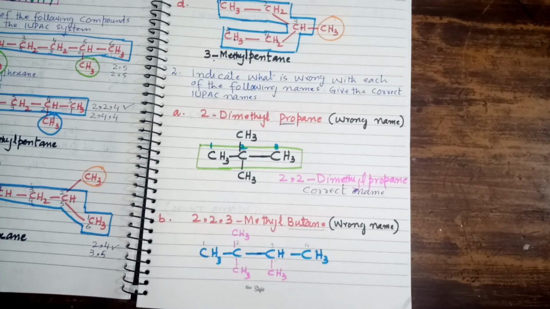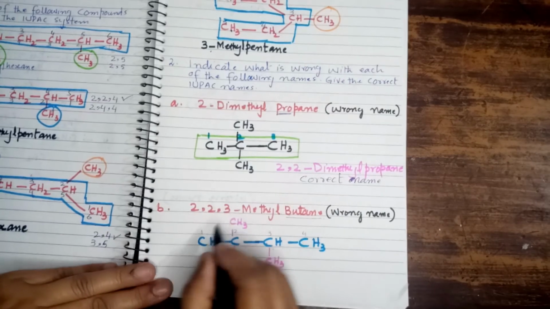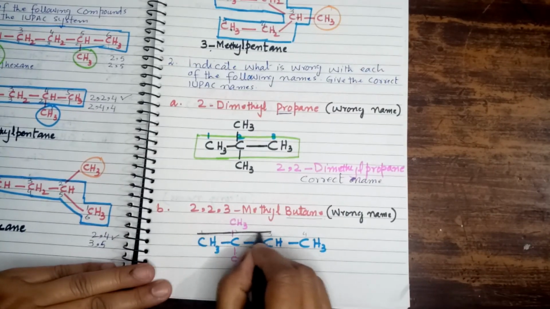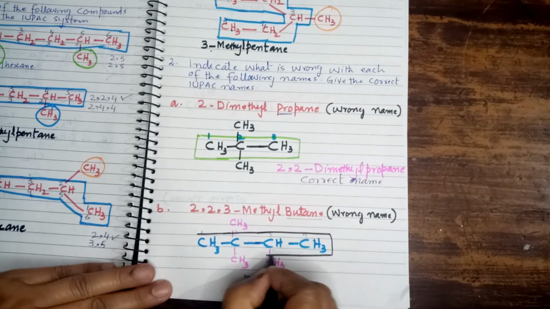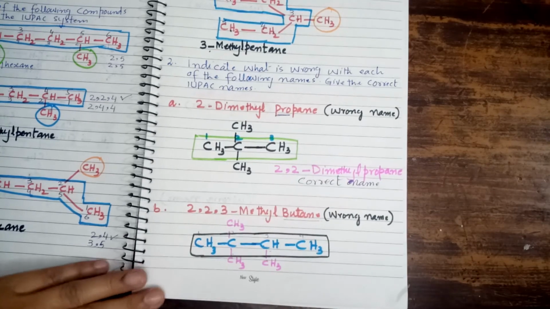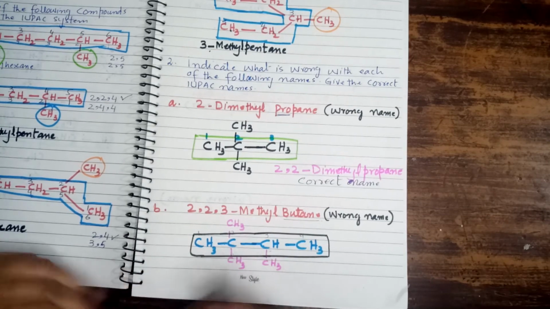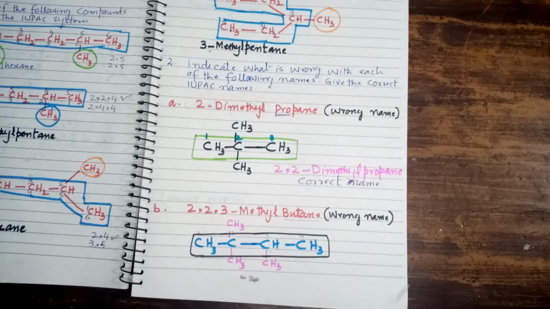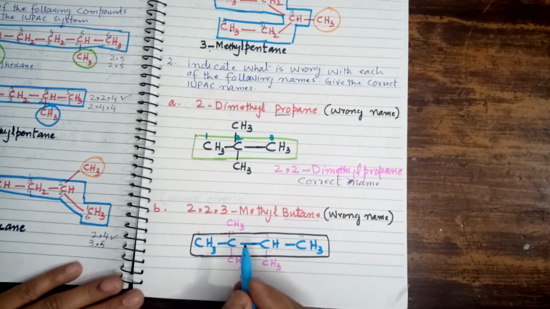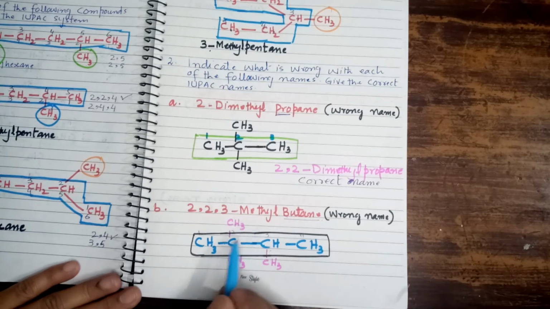Enclose the parent chain in the box. Right students? Already we assigned numbers to the carbon atoms, right? Now, how many methyl radicals are there?